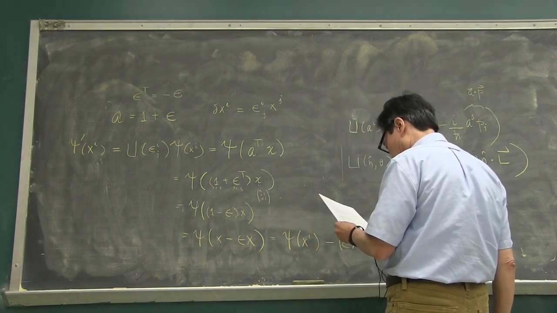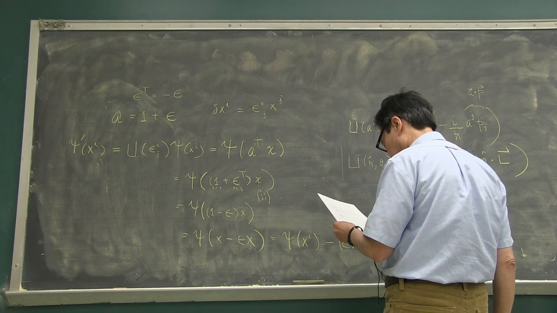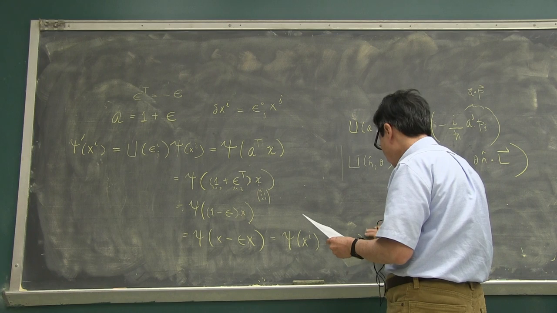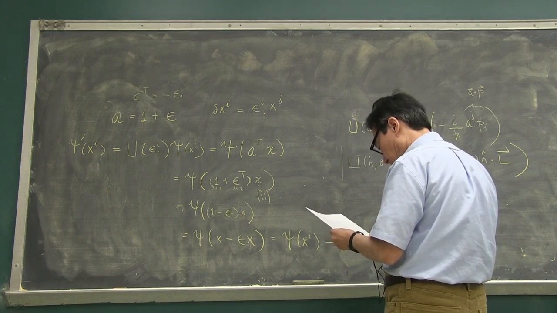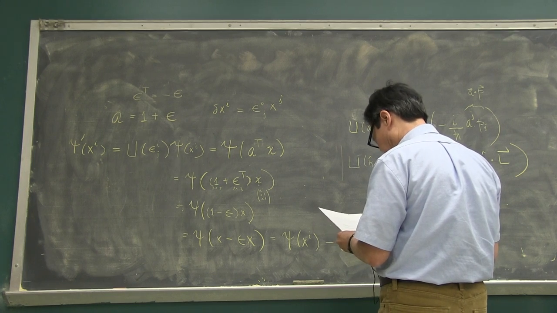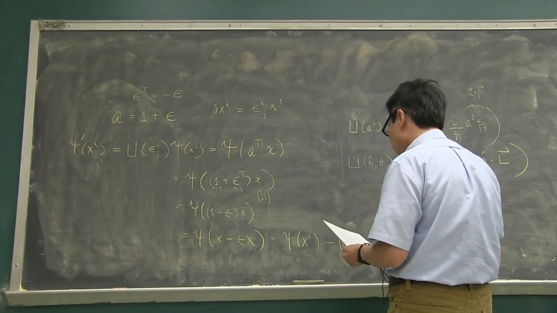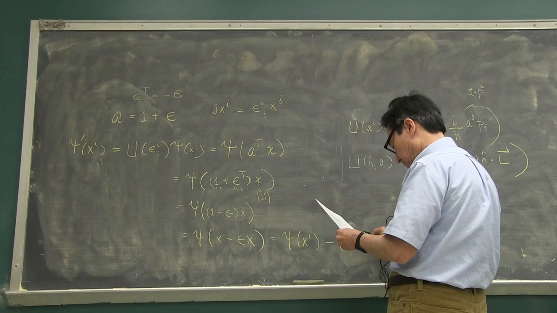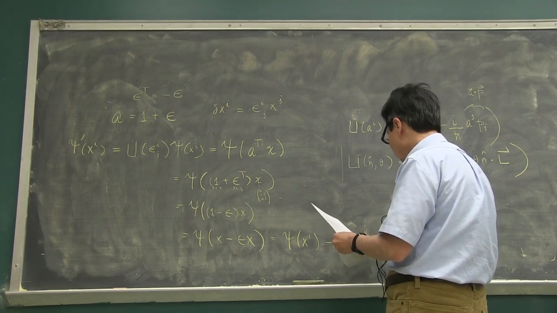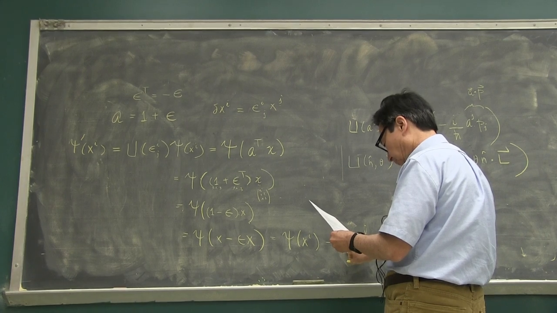multiplied by x. Here's what we do. Epsilon x_i is a little change, the ith component of the change.